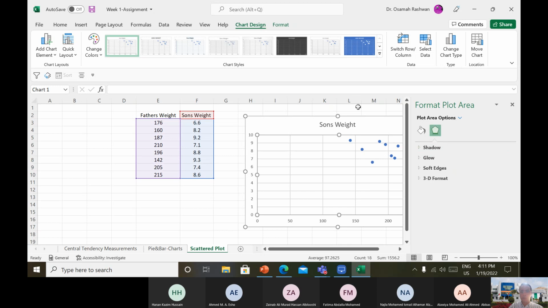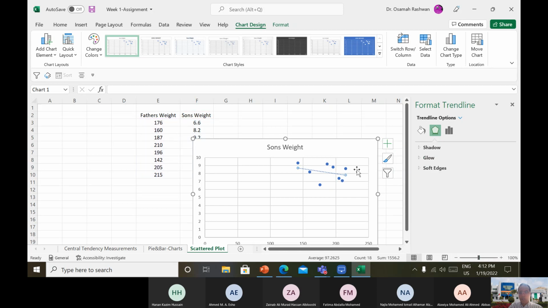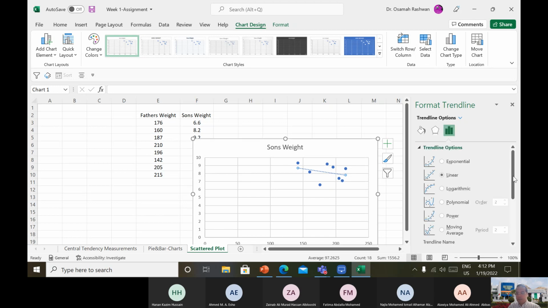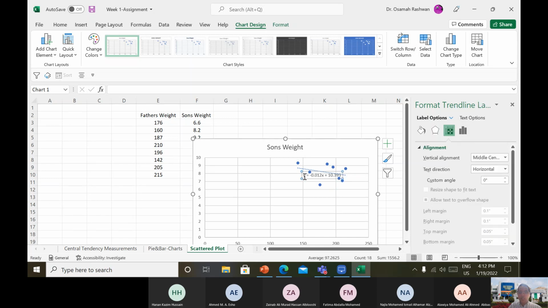Yes, it is a trend line, so I press this one. And if I would like to show the equation, just click in here and choose display equation on the chart. So it gives you the relation between the two variables, right?